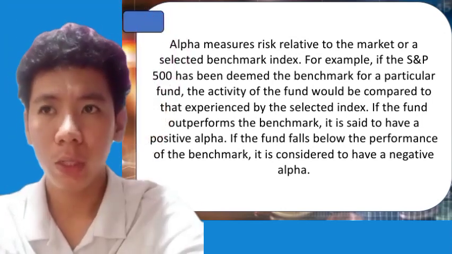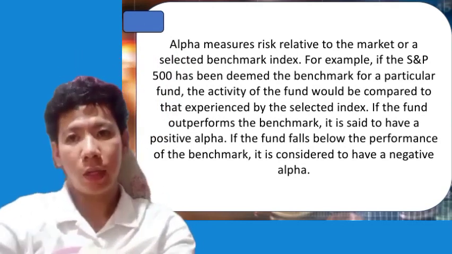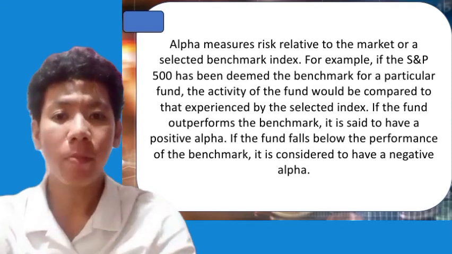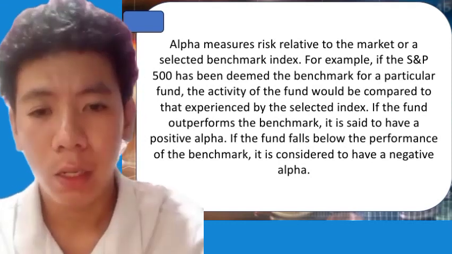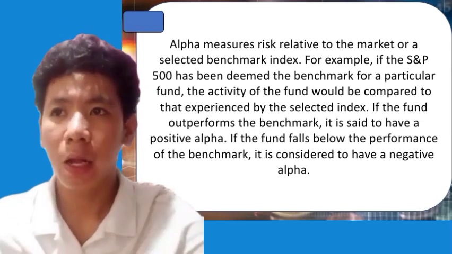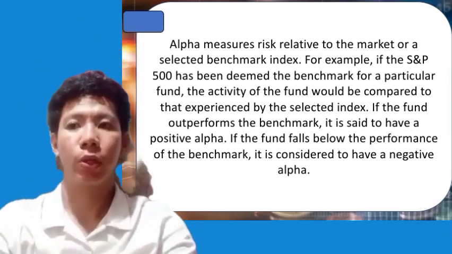Now a real-world example of the Jensen measure, assuming the CAPM is correct. Jensen alpha is calculated using the following four variables.